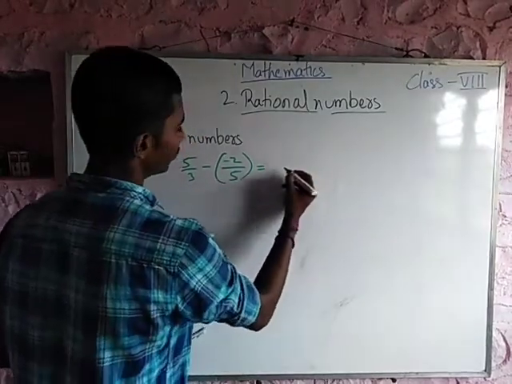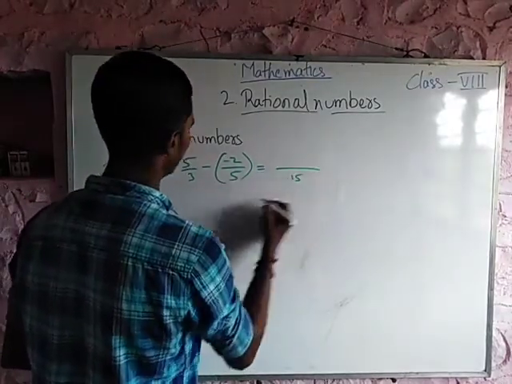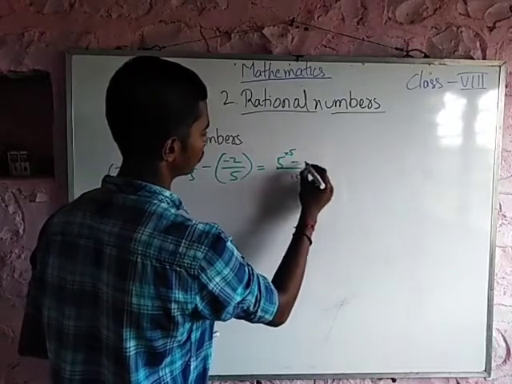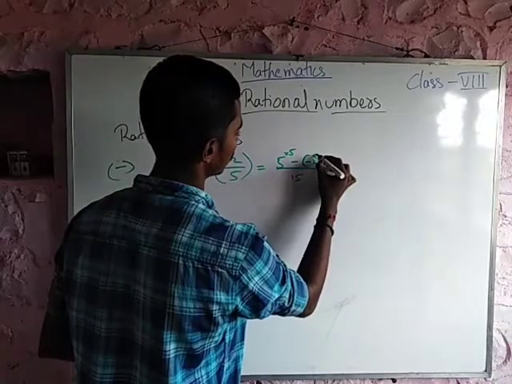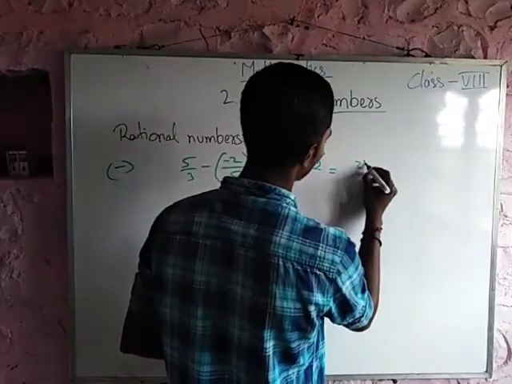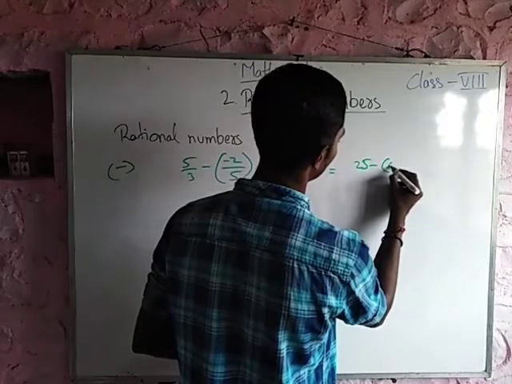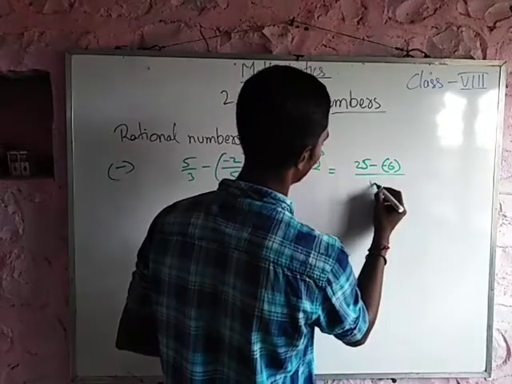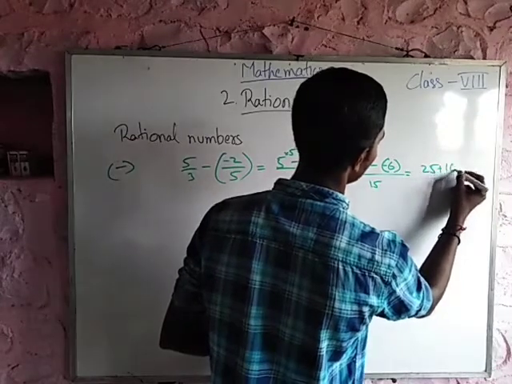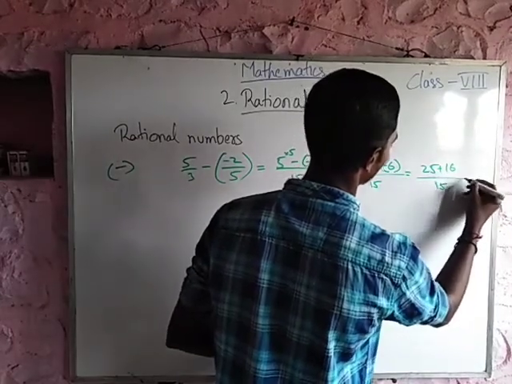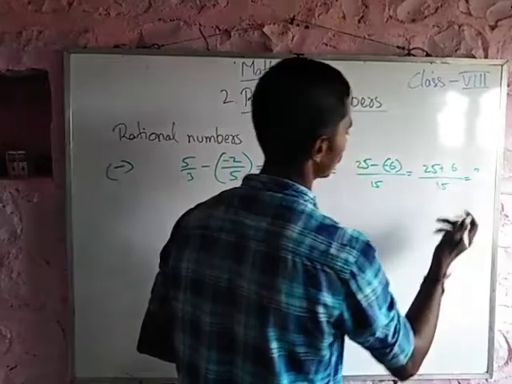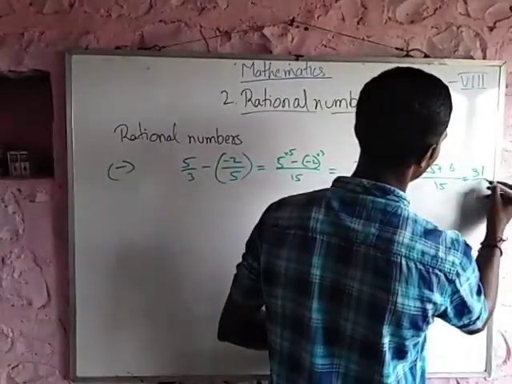Okay. 15. 5 into 5 minus of minus 2 into 3 will give me 25 minus of minus 6 divided by 15, which is equal to 25 plus 6 by 15, sorry, this is not 16, this is 6. Okay, will give me 31 divided by 15.